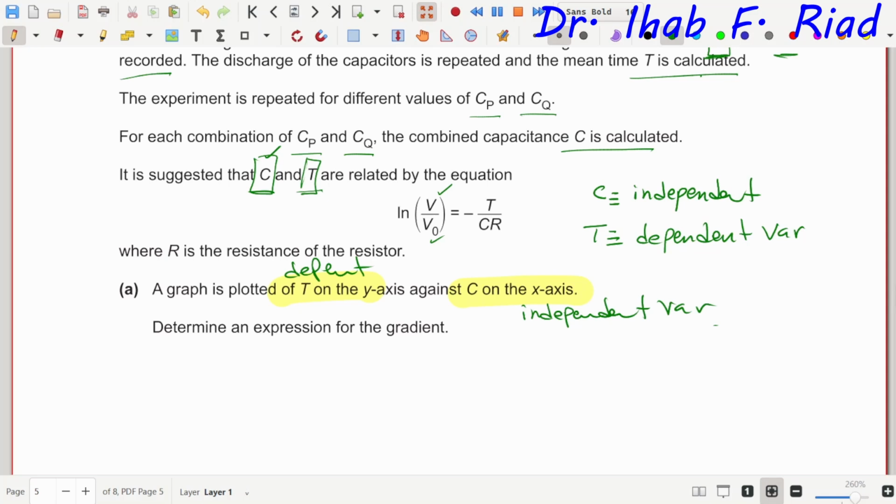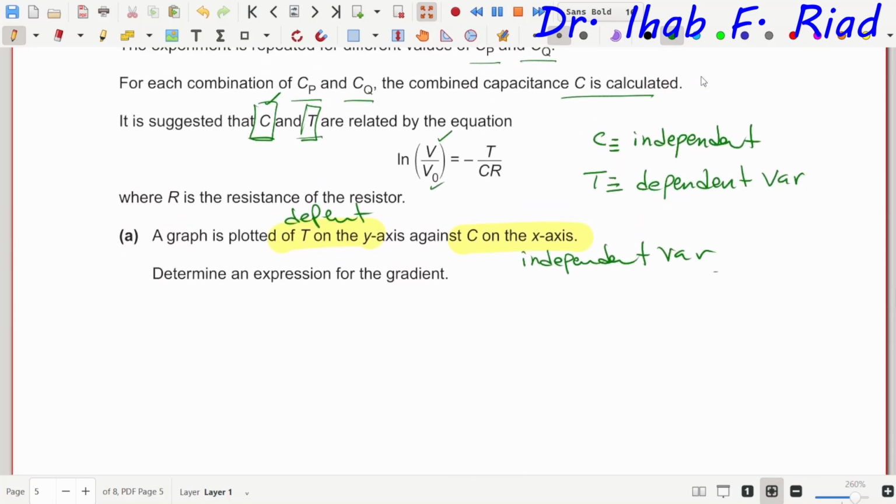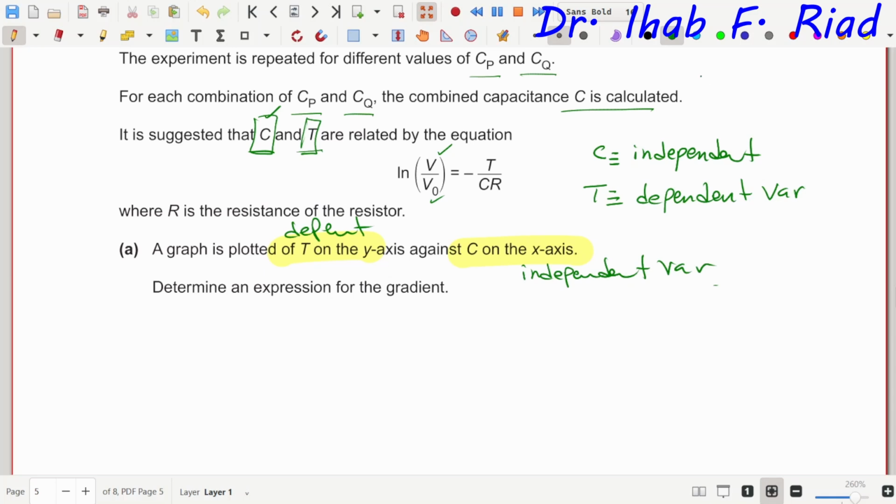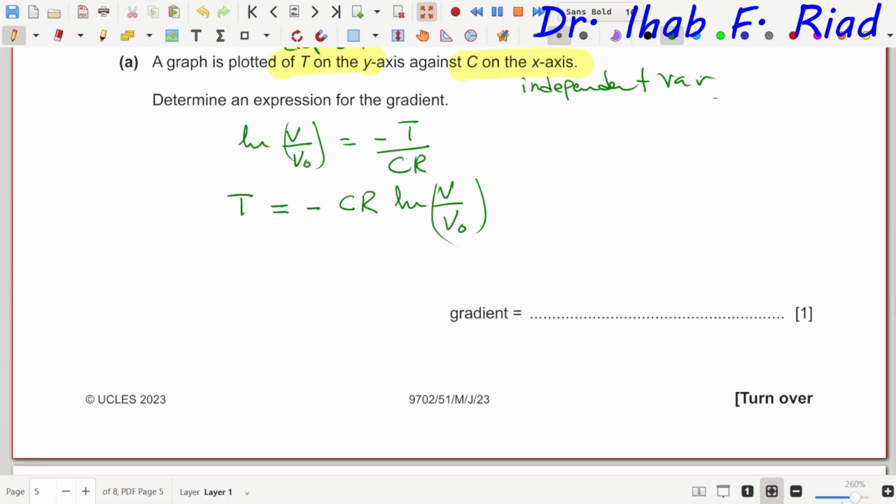Determine an expression for the gradient. So we have to write this equation to look like an equation of a straight line. Okay, so we have ln V minus ln V naught is equal to minus T over CR. How are we going to order it? It is T equals minus CR ln V over V naught. This looks like the equation y equals mx.